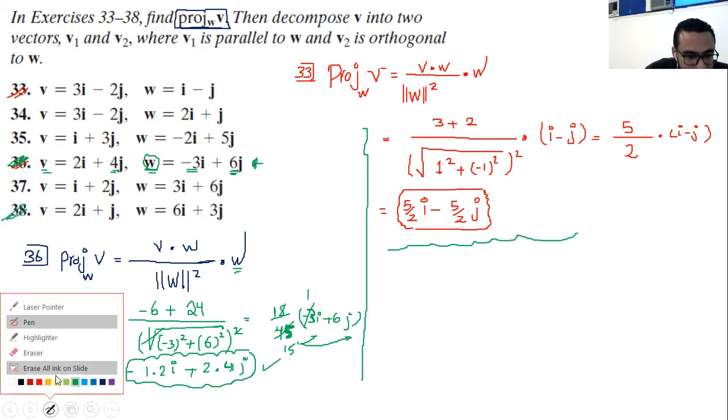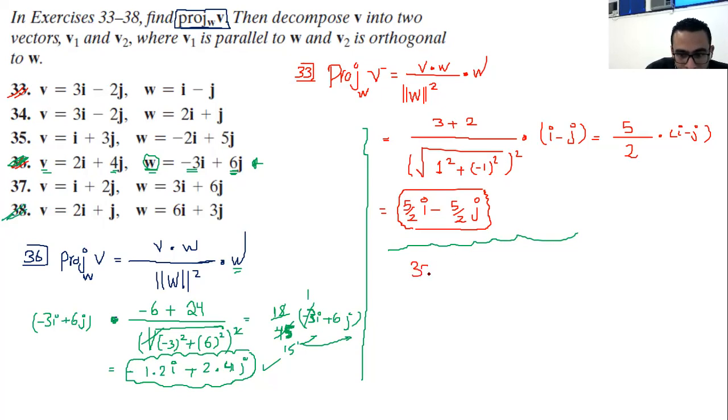Can I solve 38? Khalid, yes. The projection of V onto W is equal to V dot W over, the rule is the same, so work on it.